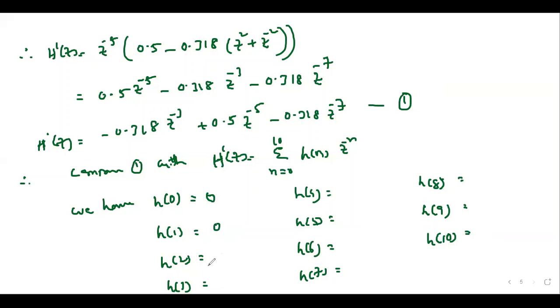H of 2, zero. H of 3, minus 0.318. Right? H of 4, zero. H of 5, 0.5. Good. H of 6, zero. H of 7, minus 0.318. Very good. H of 8, zero. H of 9, zero. H of 10, zero. Very good. So we now have the impulse response h of n values.